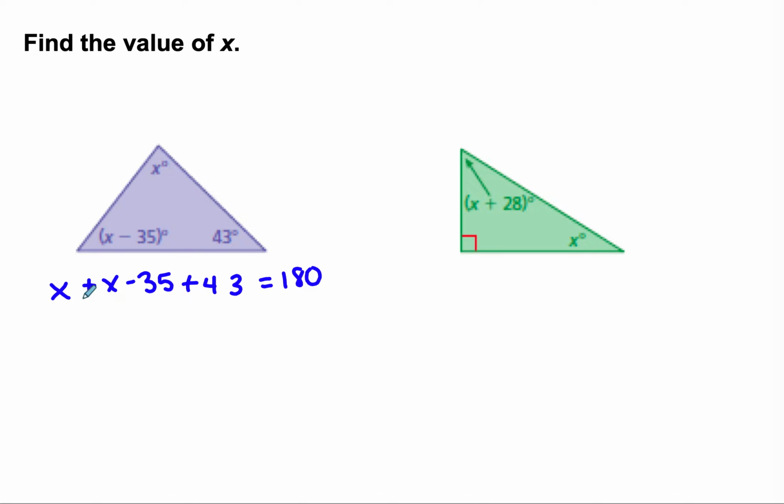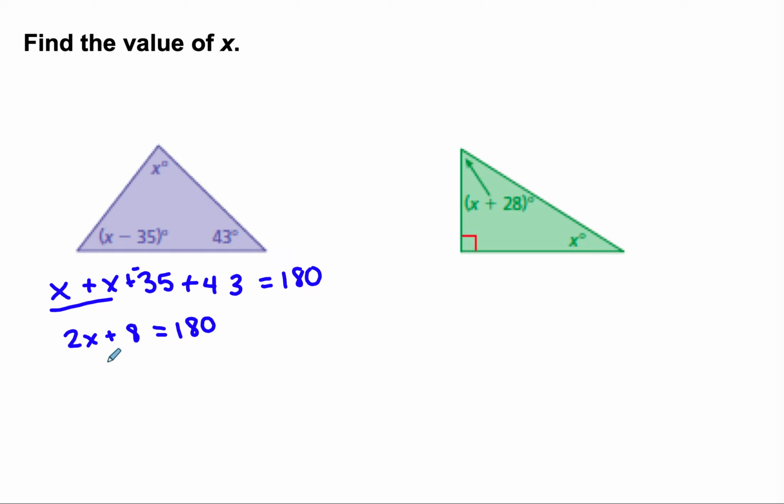So we have x plus x, that's going to be 2x. Negative 35 plus 43 is going to be 8. So I have plus 8 equals 180.